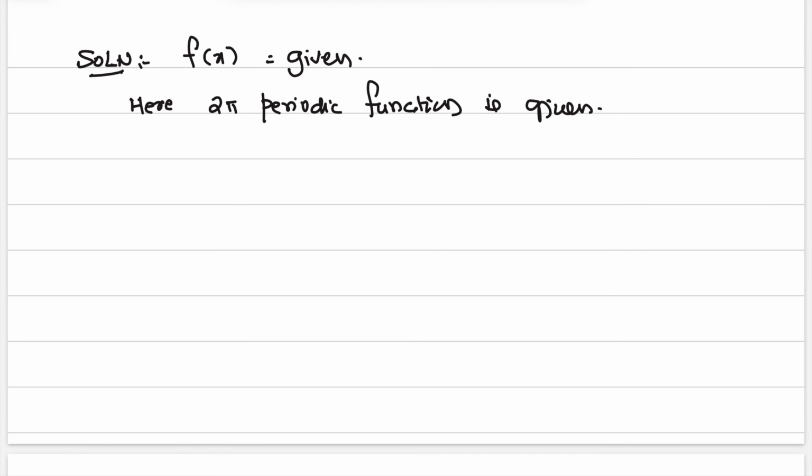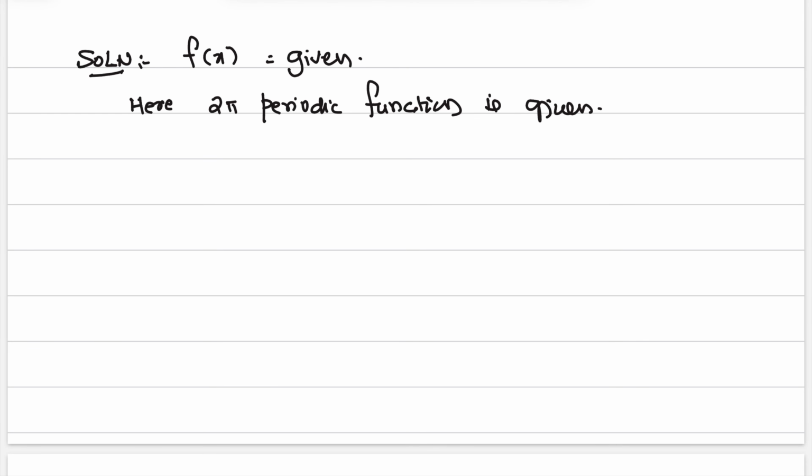If you see the equation, x is from minus pi by 2 to plus pi by 2 and further. Hence, if we take it from minus pi to plus pi, it is a periodic piecewise function between the intervals minus pi to plus pi.